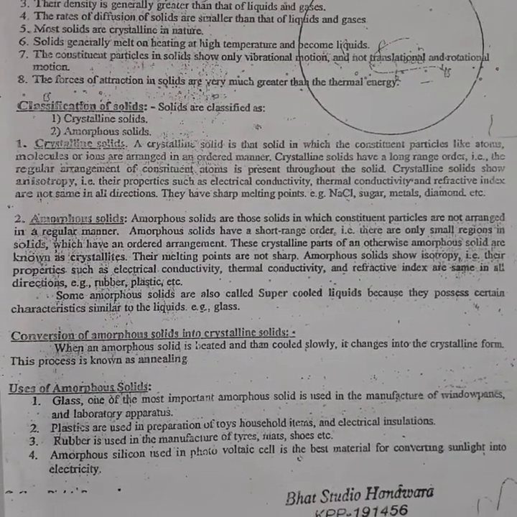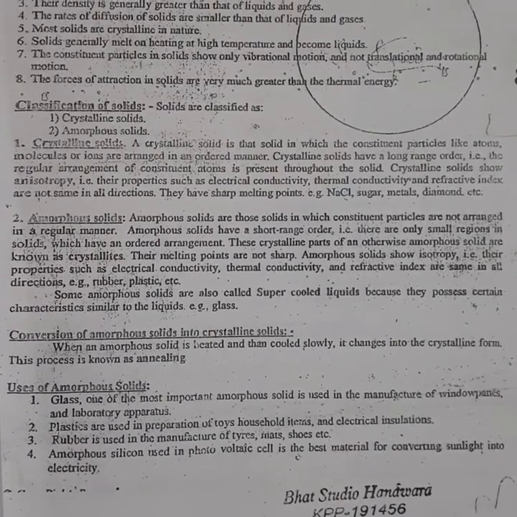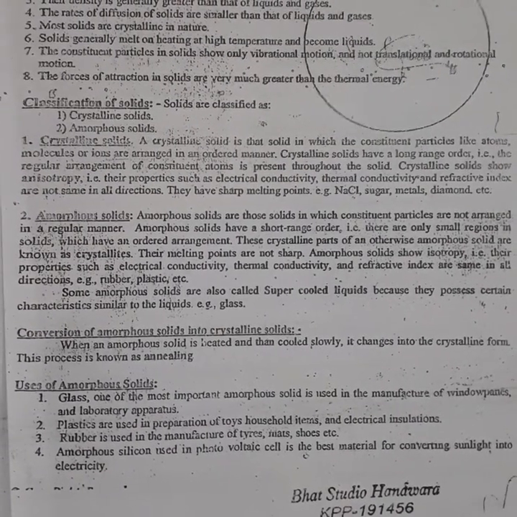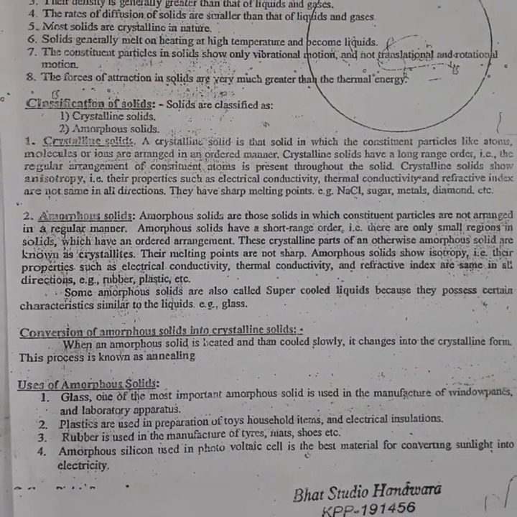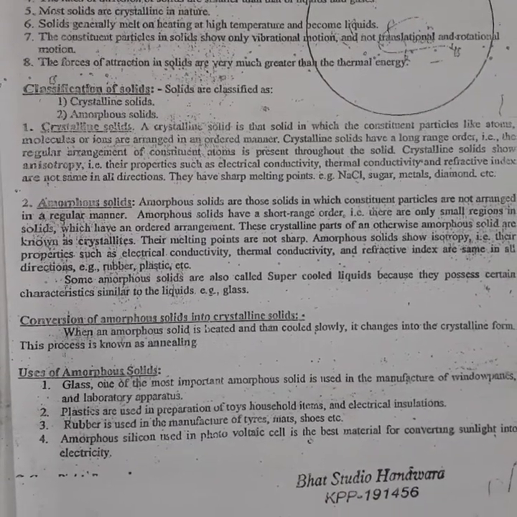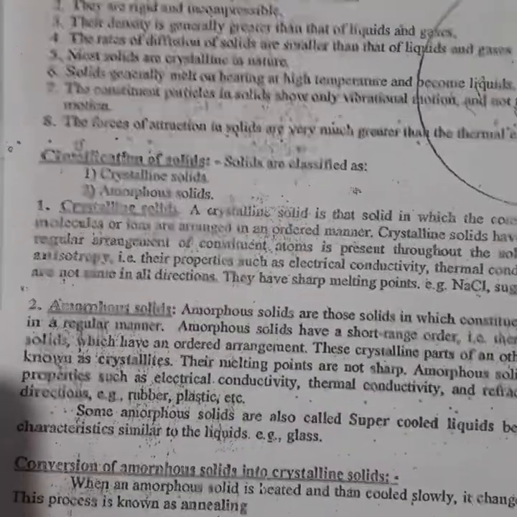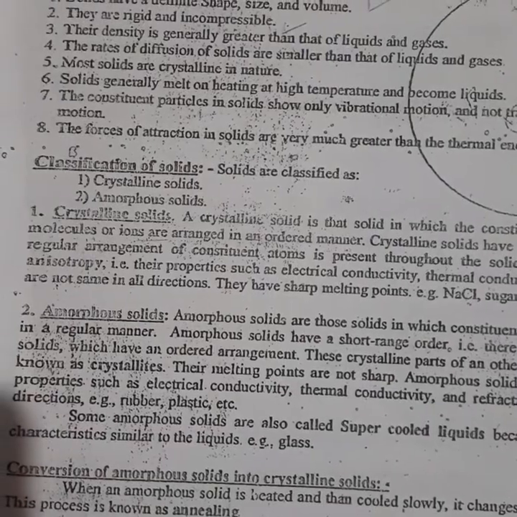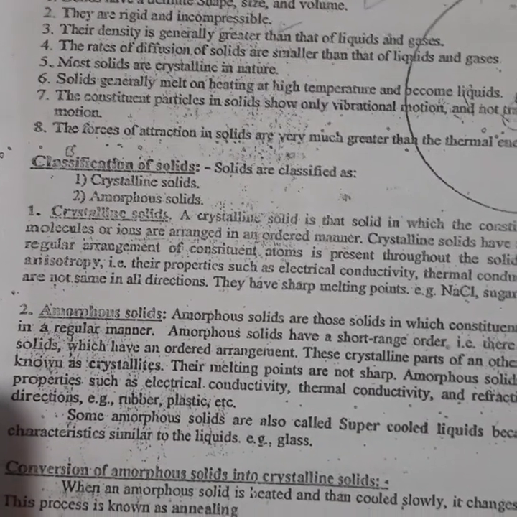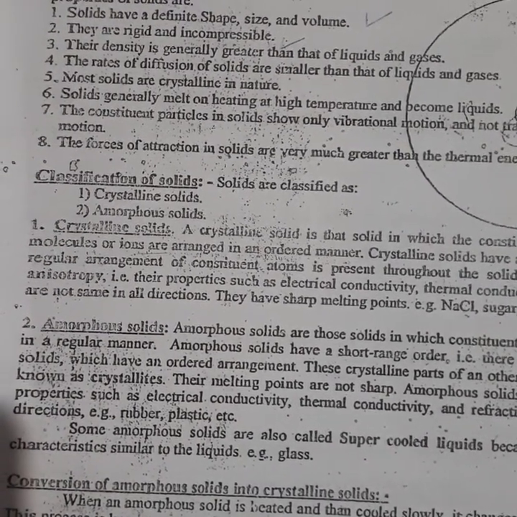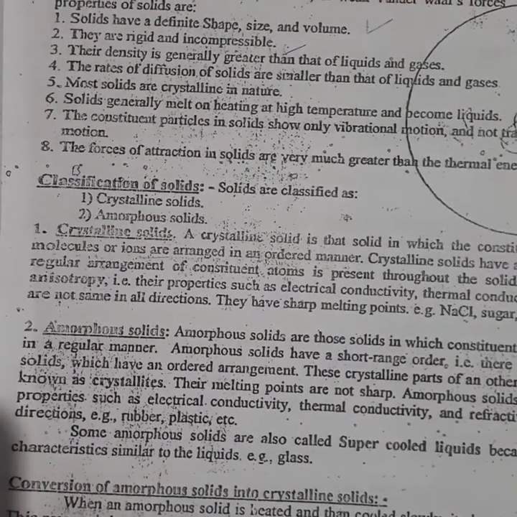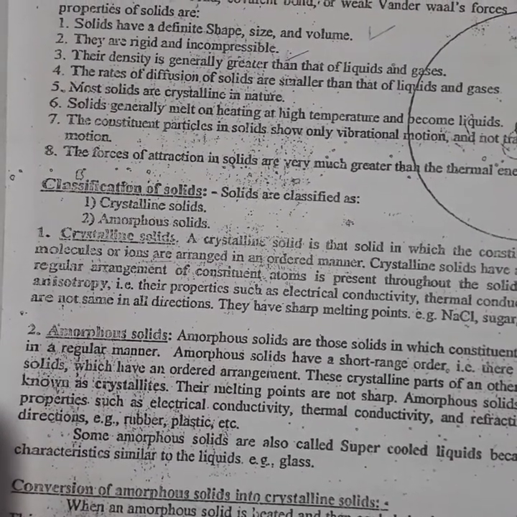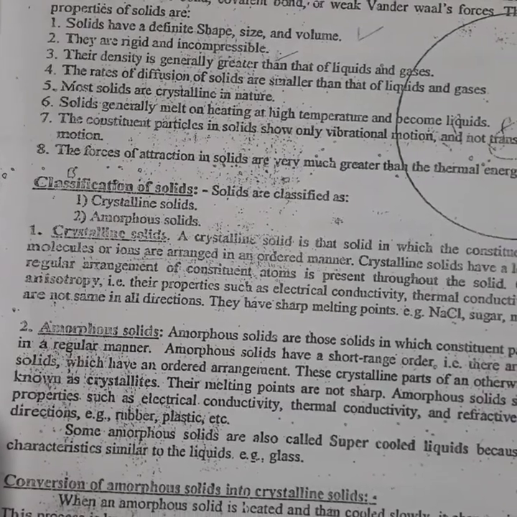Some amorphous solids are also called supercooled liquids because they possess certain characteristics similar to those of liquids. Example: glass. Dear friends, here you have studied crystalline solids and amorphous solids. Crystalline solids are also called true solids, while amorphous solids are called pseudo solids, false solids or supercooled liquids.